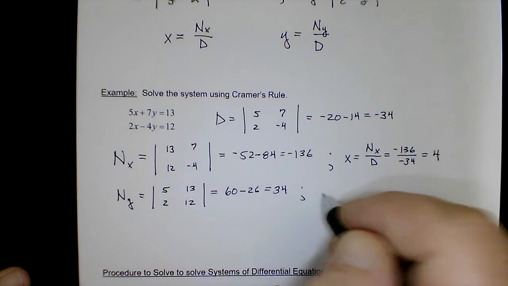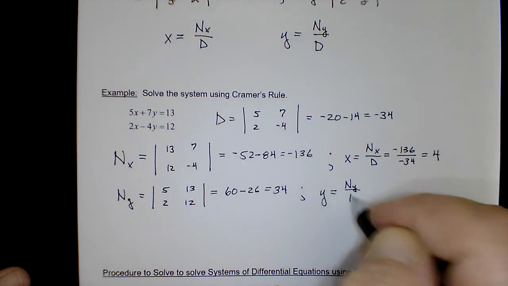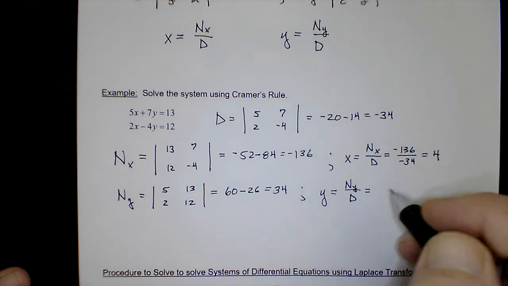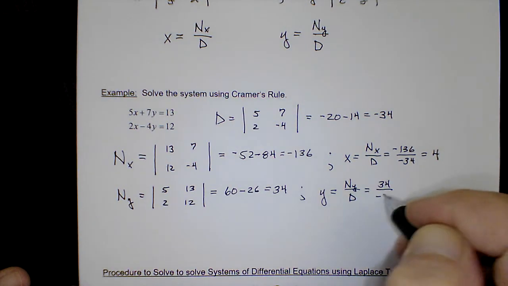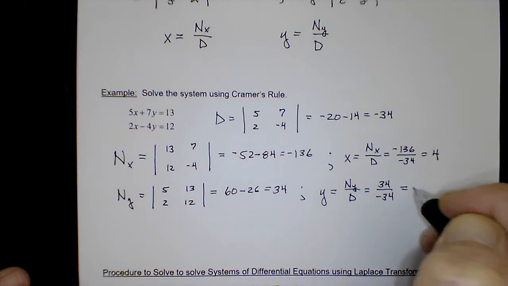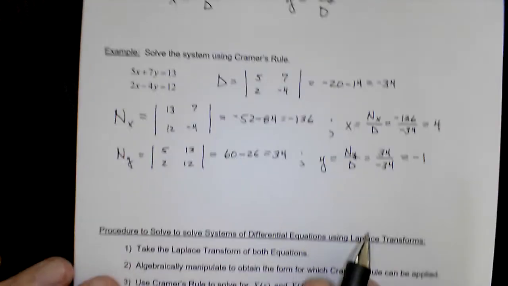And now the solution for y then is n sub y over d, which would be 34 over negative 34, or negative 1. Okay, so that's how easy it is to use Cramer's rule, and definitely necessary, as we'll see.